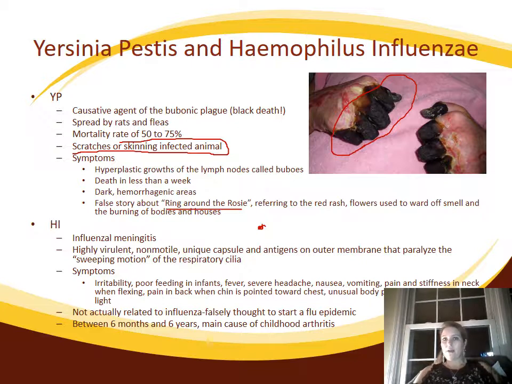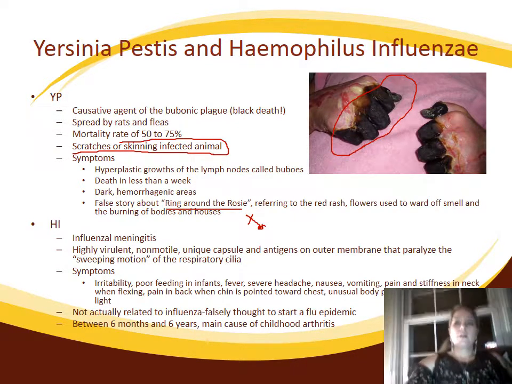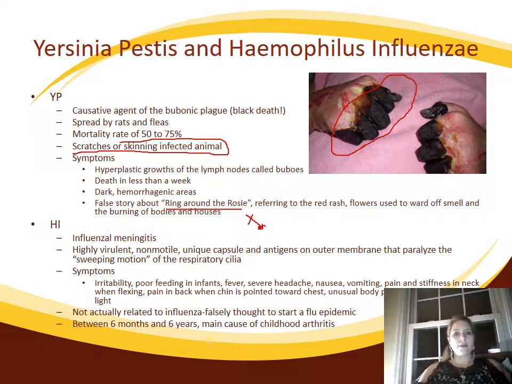Ashes, ashes, we all fall down, referring to the burning of the bodies and the burning of the houses after the infection was there. It makes sense, it's cool, but not actually true because the song wasn't ever written down until maybe 500 years after the Black Plague went through. So, cool story, not true.